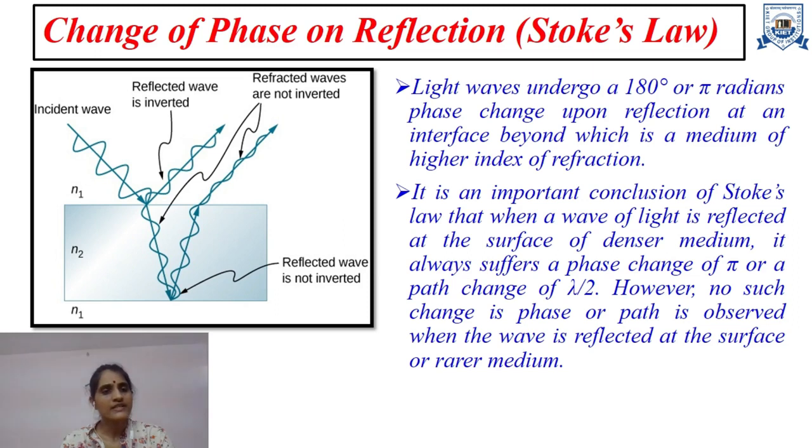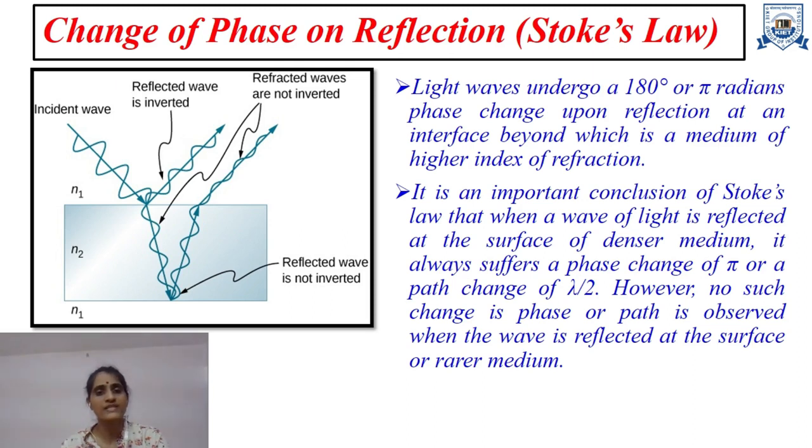When it is getting reflected, diagrammatically we can see that the phase of the wave is inverted during the reflection. Whereas when it is getting refracted into the medium, that is N2 denser medium, the phase is not inverted and it moves as it is. And at the last, it strikes the lower surface of the denser medium.